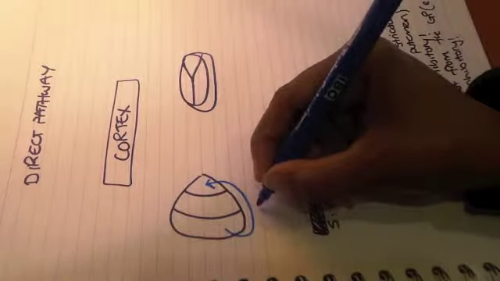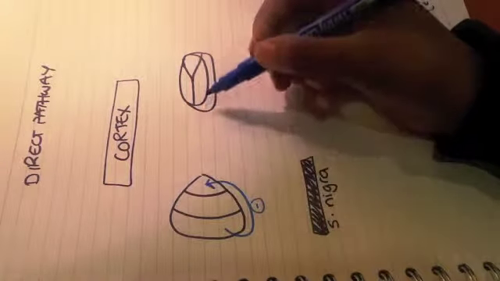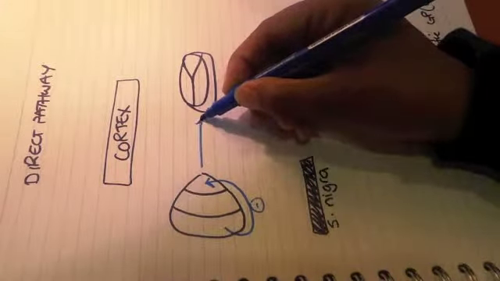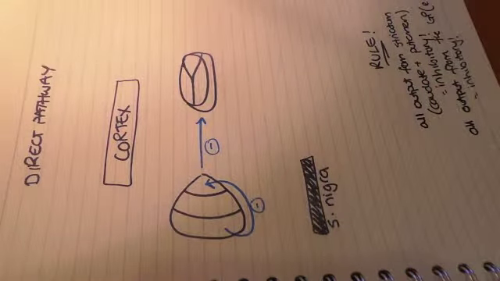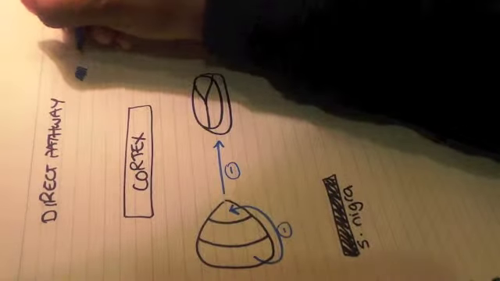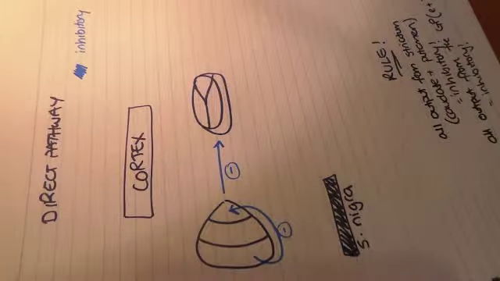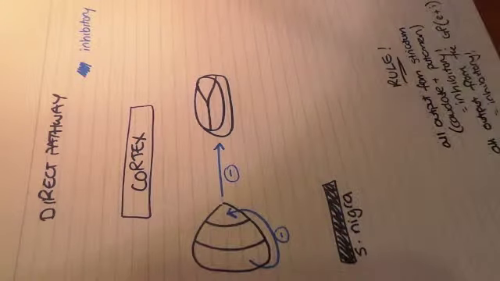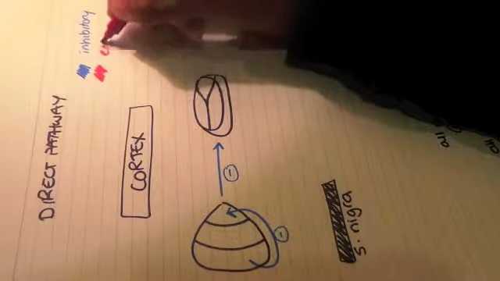Okay, so this is inhibitory. And output from the globus pallidus to the thalamus is also inhibitory. Okay, all neurons I draw in blue are inhibitory. Anything I draw in red is excitatory.